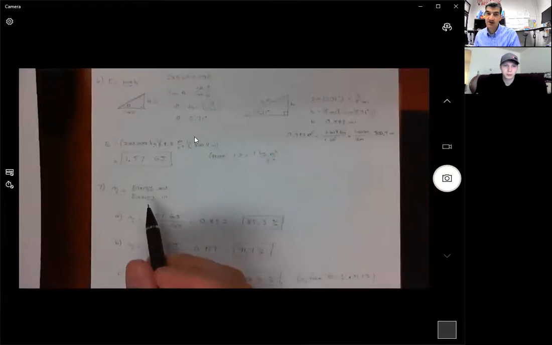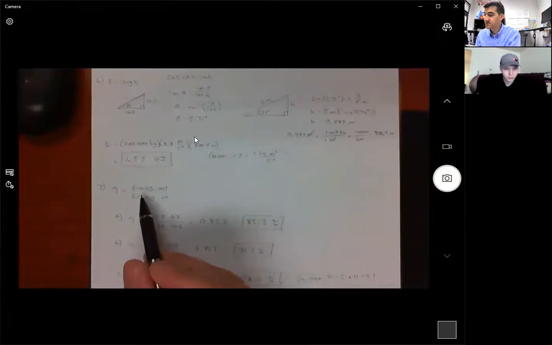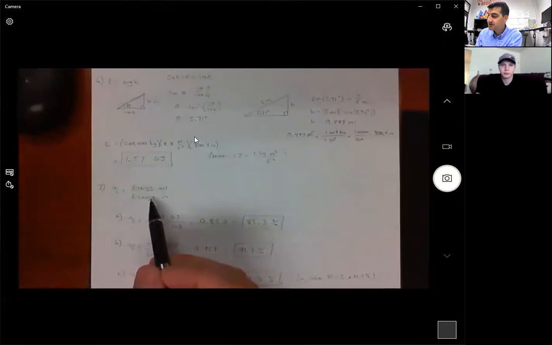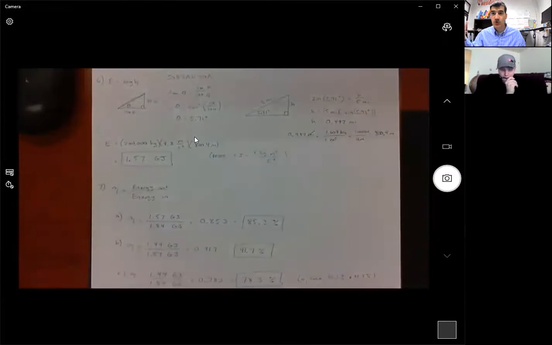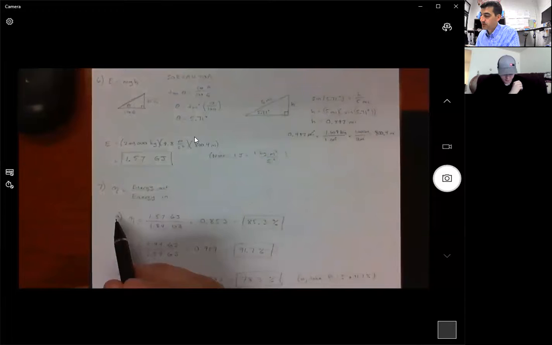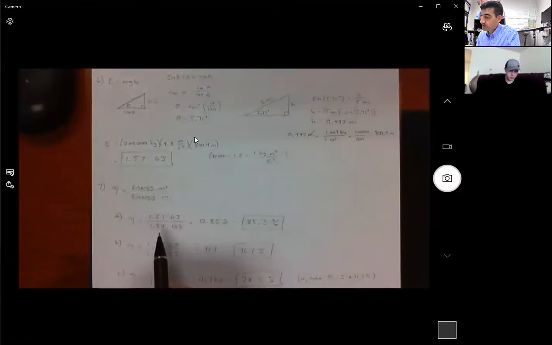So our general efficiency equation is how much energy do you get out? What's your resulting energy, divided by how much energy did you have to put into the system? So in part A, our energy out, that's how much energy is actually stored in the system. We're putting in a certain amount of energy and we're storing a certain part of that energy. So as we're charging the system in part A, we had to put in 1.84 gigajoules.